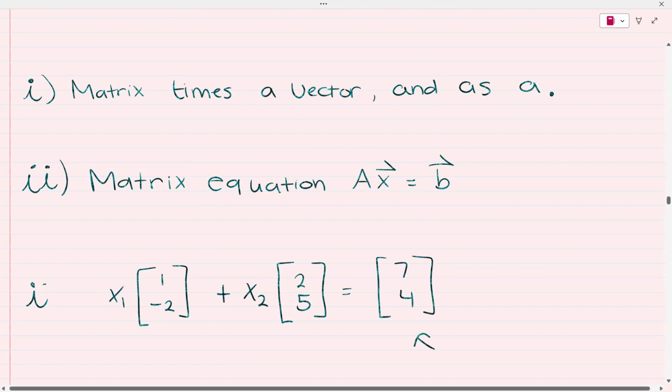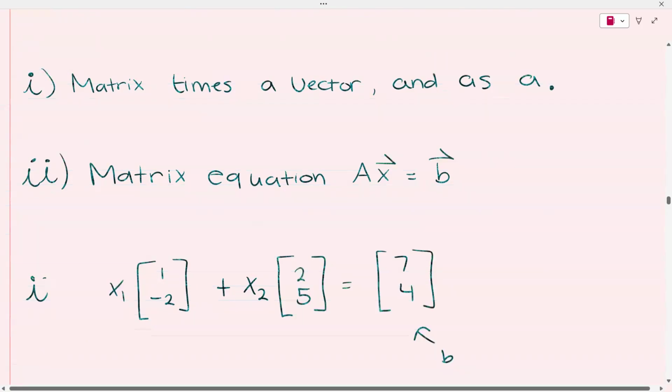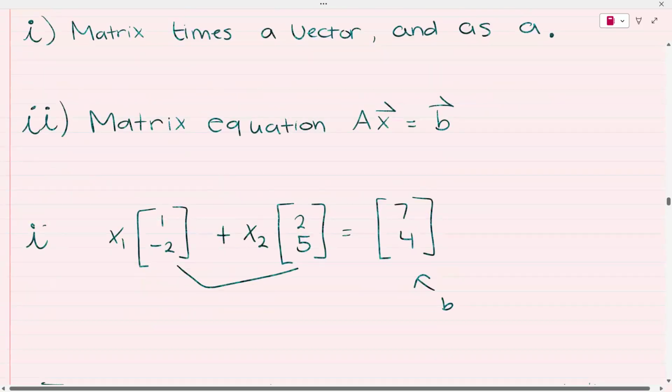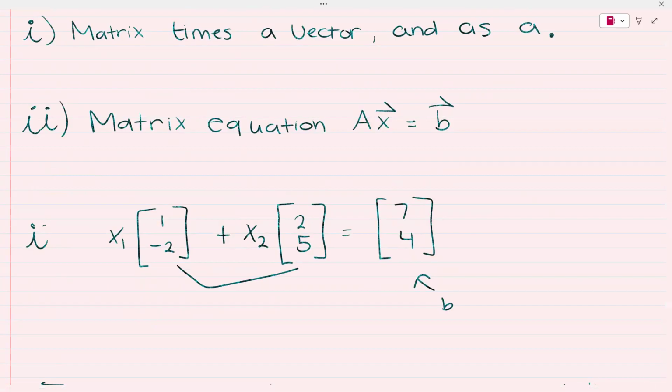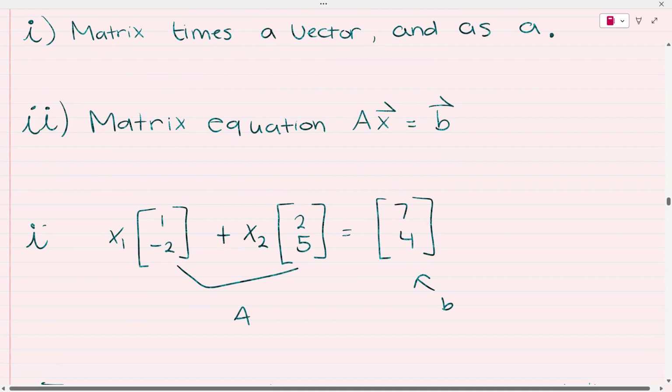So this is your B, and these two vectors are your A, and then you have this x1, x2, which is your X, right?